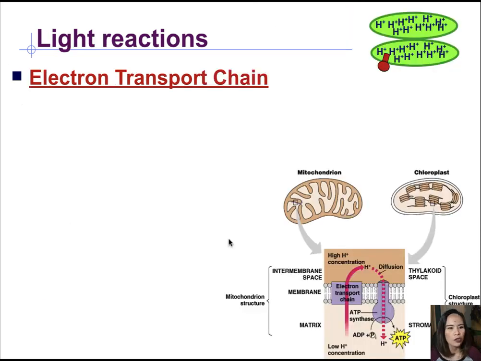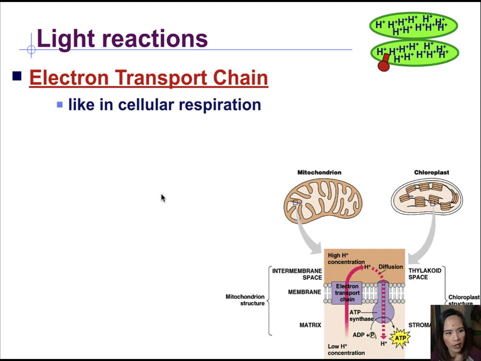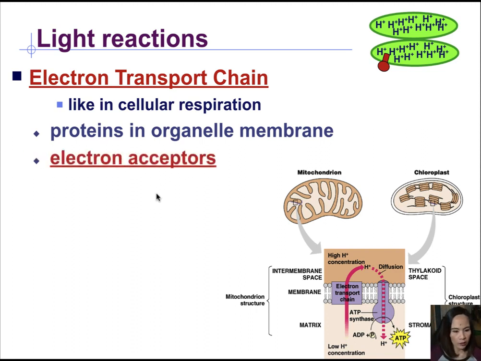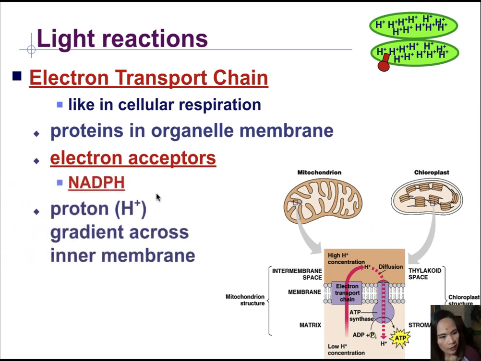Let's focus on to the electron transport chain, which are, of course, your light reaction. So this is kind of like in cellular respiration when you generate ATP or energy, because you can't really build something without energy. So what happens is the proteins in the organelle membrane is at work. Okay, so there are some electron acceptors, and that's your NADPH, and what we call a proton gradient across the inner membrane.